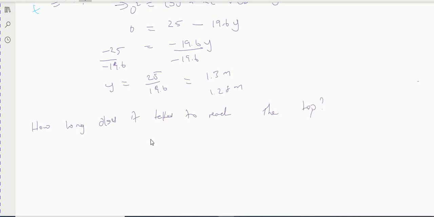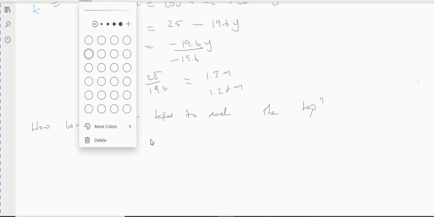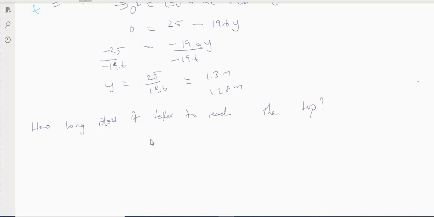When we talk about how long, we're talking about time, so we're trying to find t in this case. So for that reason, we can use any of our equations because we now have sufficient information. So for argument's sake, let's just use v is equal to u plus at.